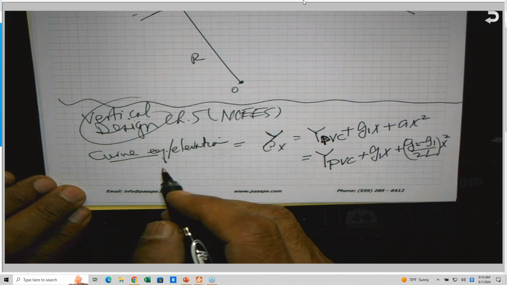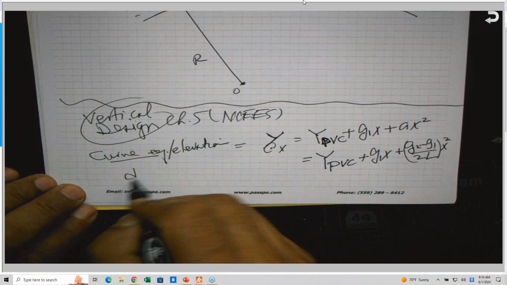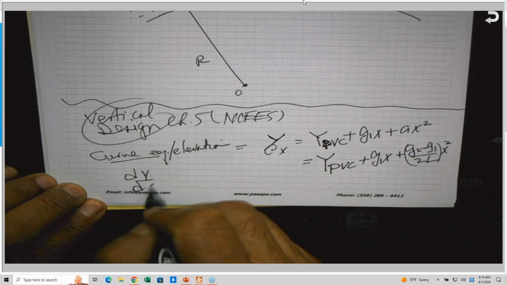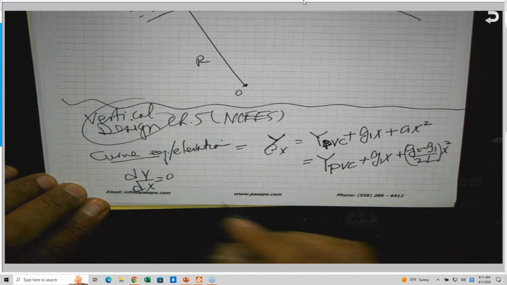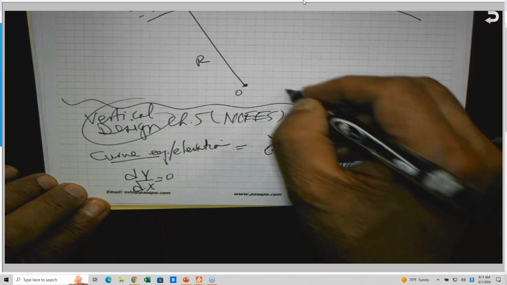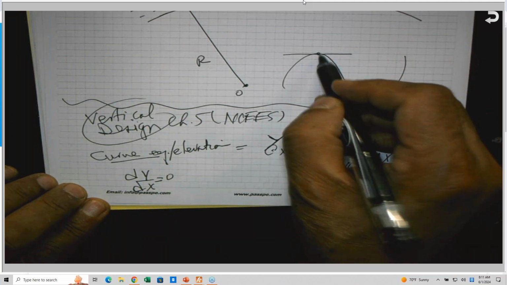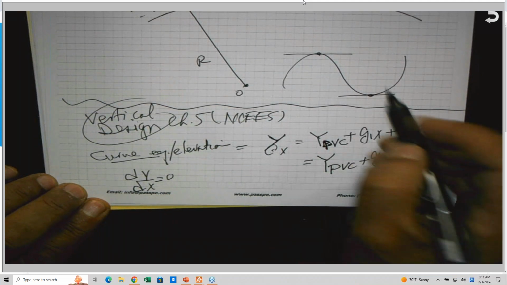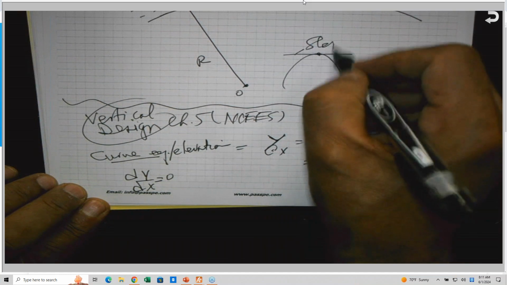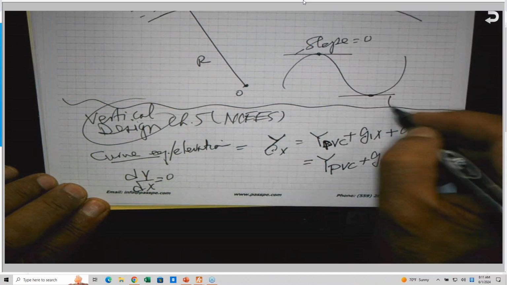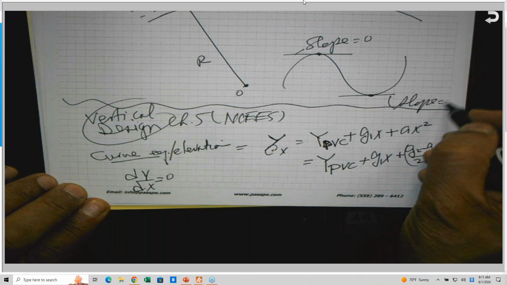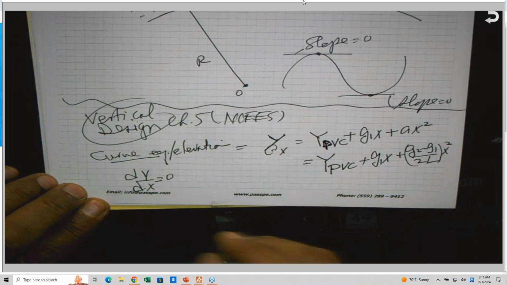In order to get the low and the high point, we take the first derivative, dy by dx, and we equate it to 0, because we know in calculus that whenever we have a curve, a tangent to a high point and a tangent to a low point, the slope is 0. So I took the first derivative.